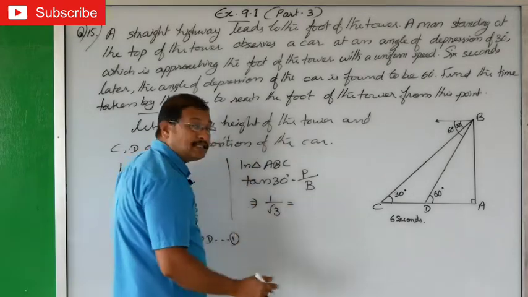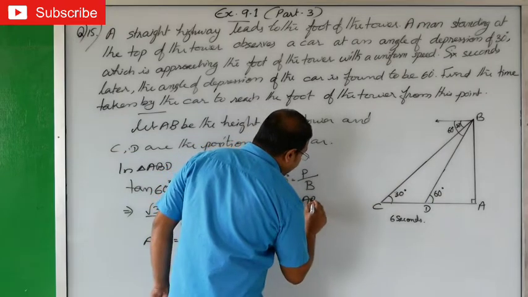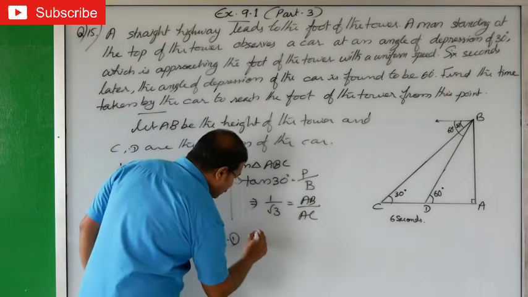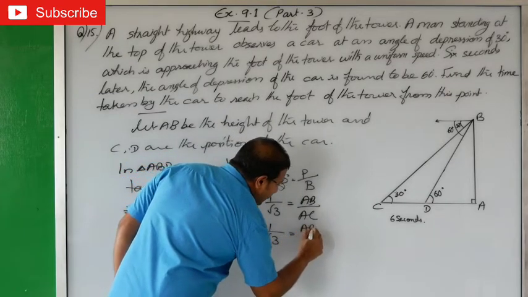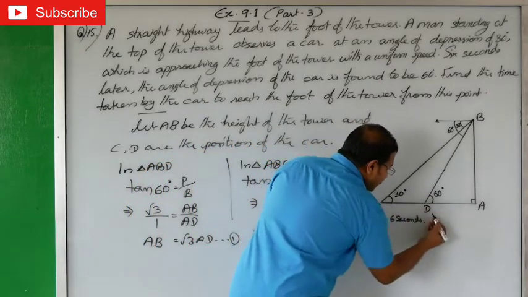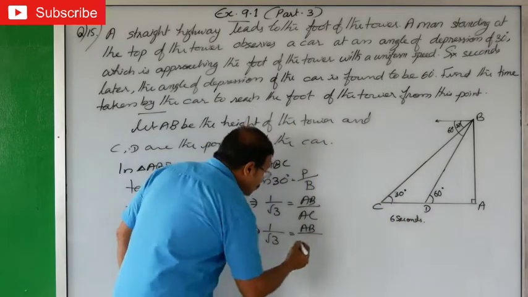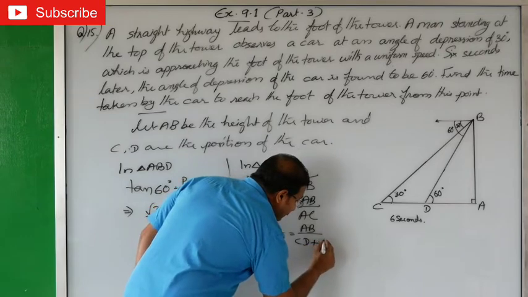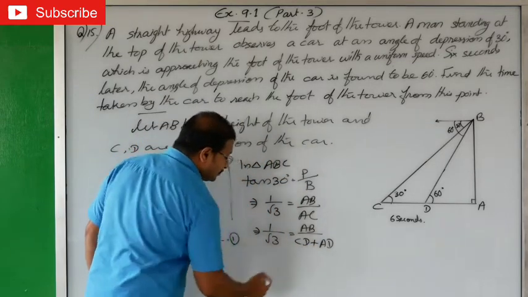So tan 30 is 1 by root 3 equal perpendicular AB by base AC implies 1 by root 3 equals AB by, in place of AC what you can write? CD plus AD. CD plus AD is AC, isn't it? So in place of AC you will write CD plus AD. Let's cross multiply now. That means what you will get?